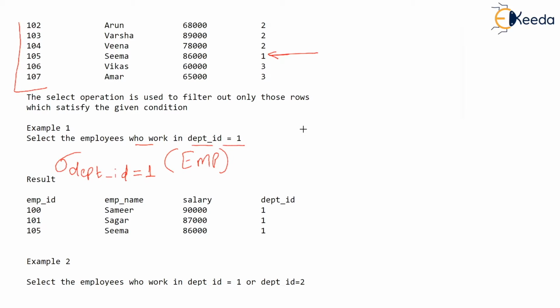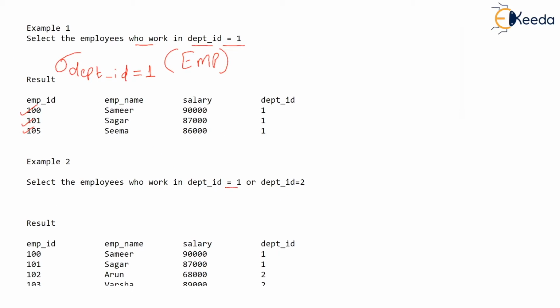Another example is select employees who work in department ID 1 or department ID 2. So we will have to say select those employees where DEPT_ID is 1 or DEPT_ID is 2 from the EMP table.